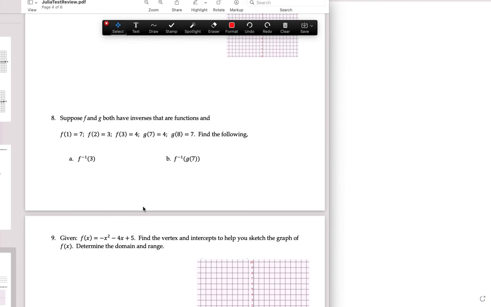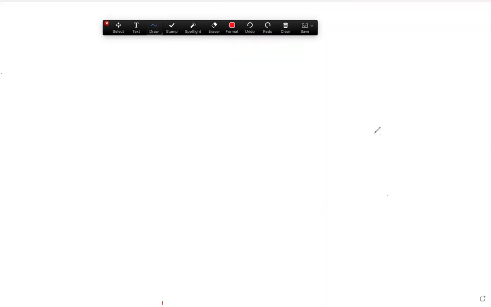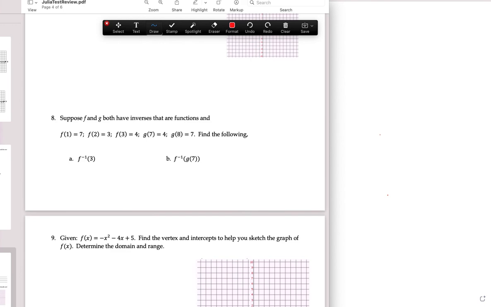Okay, so if g of 7, would that equal 8? No. You're not doing the inverse, you're literally just doing g of 7. G inverse of 7 is 8, but go ahead.